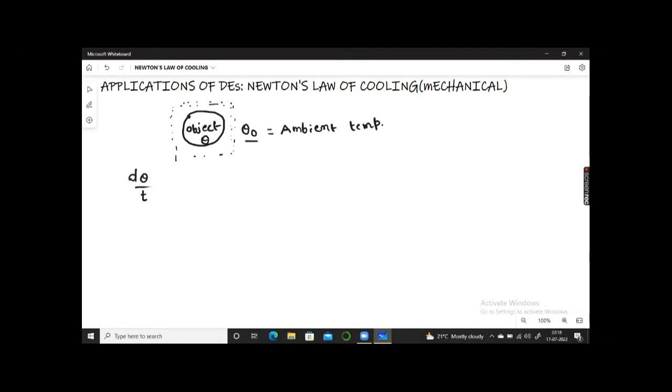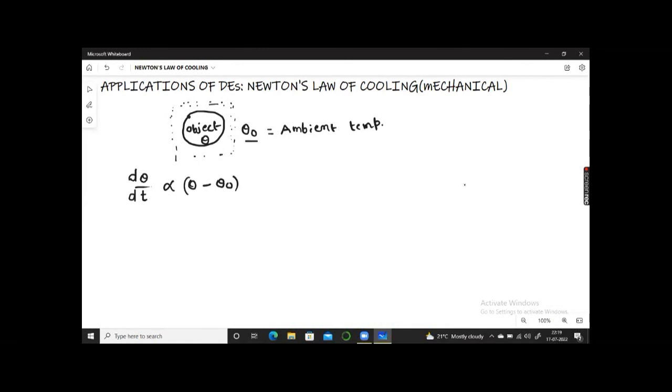So now d theta by dt, it means rate of change of temperature of an object, is directly proportional to the difference between the temperature of an object and temperature of surroundings.